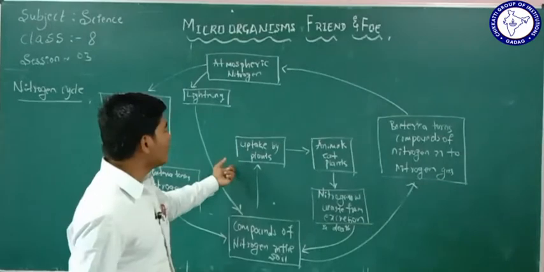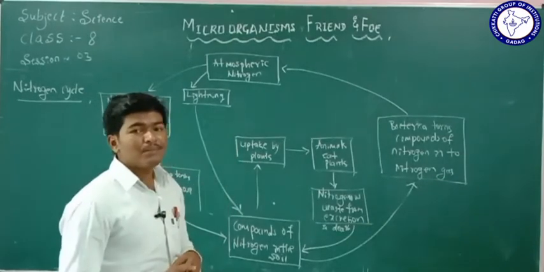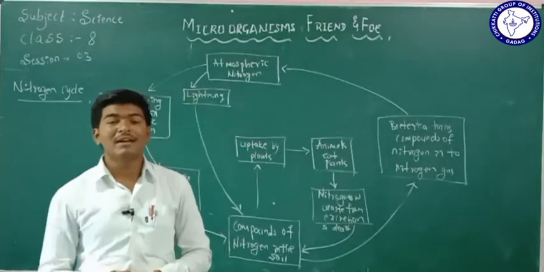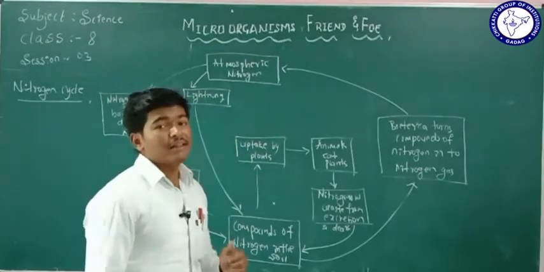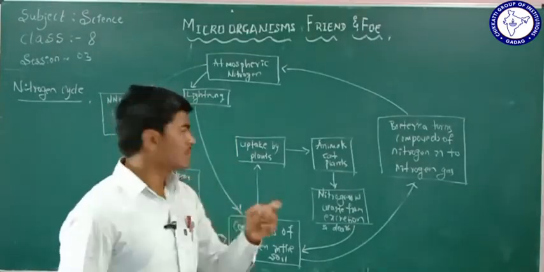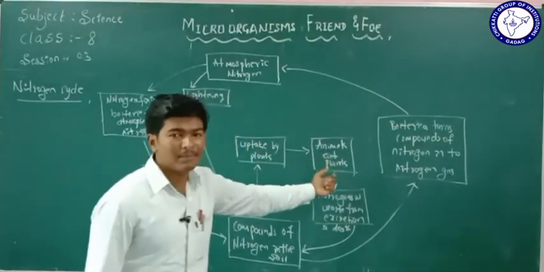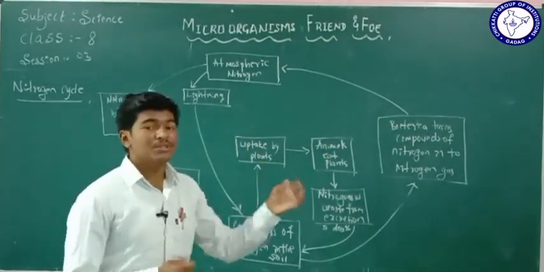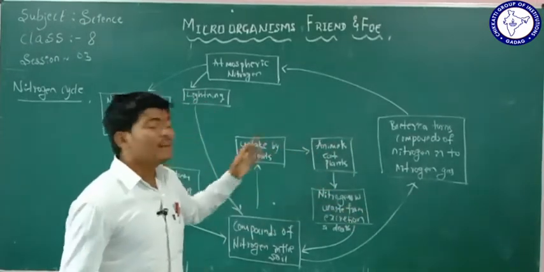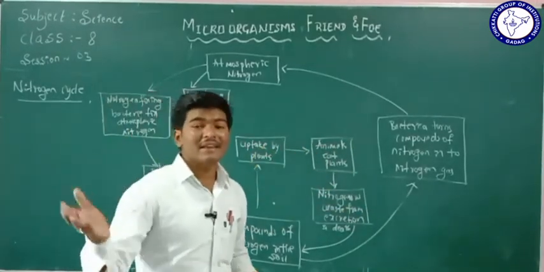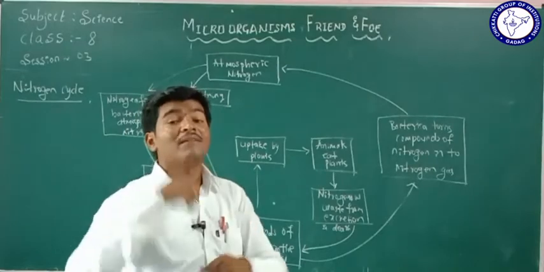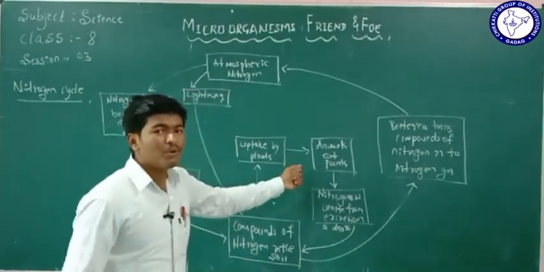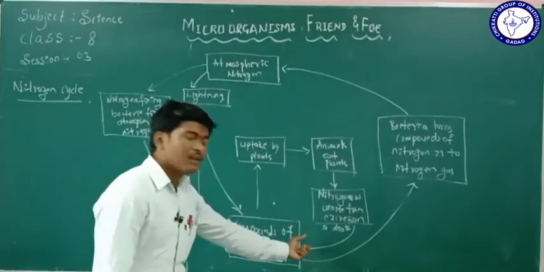The animals dependent on the plants' products eat the plants, and the nitrogenous compounds come into the animal's body. Through the excretion process of the animal, and after the death of the animal, those nitrogenous compounds move towards the soil. Have you understood?